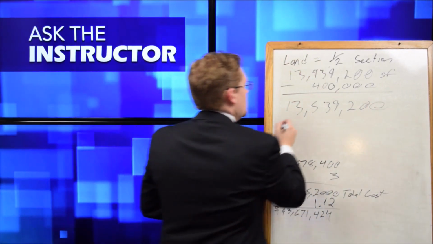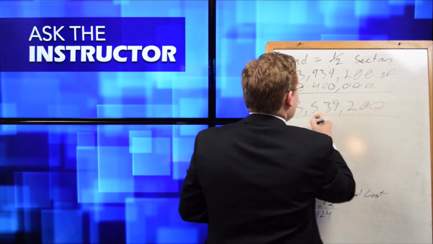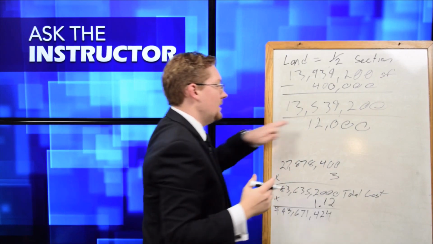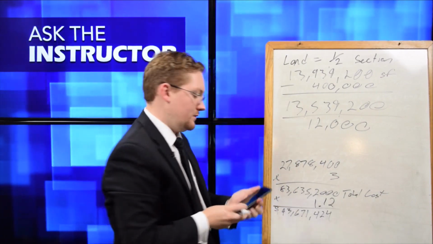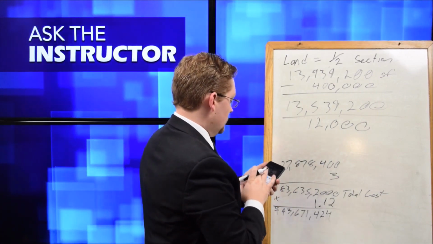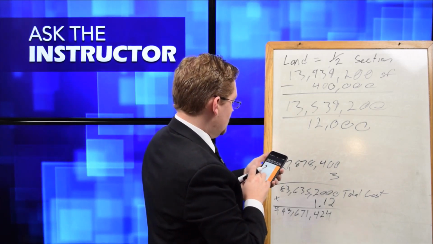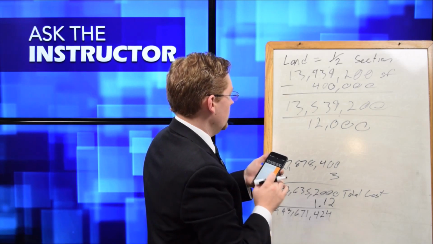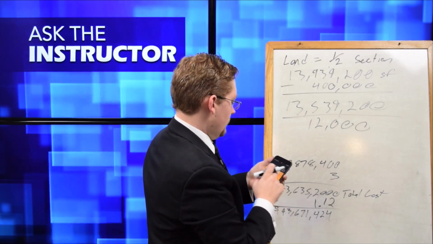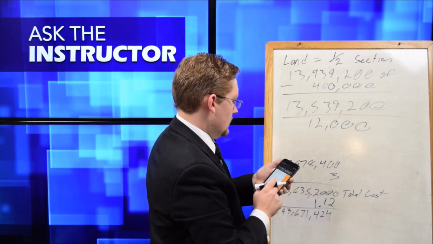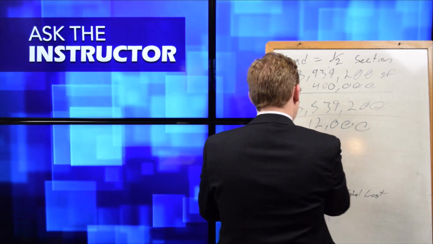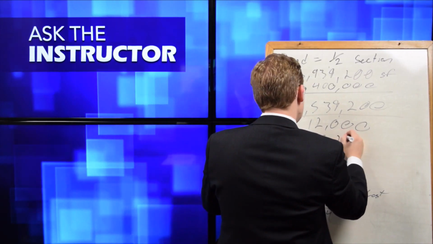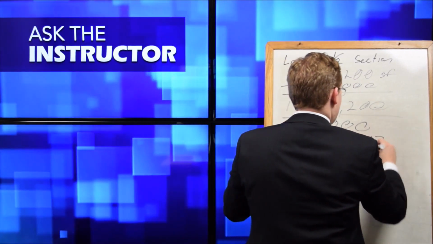Last thing we need to do here is just divide this by our 12,000 square feet. And what we're going to get is how many lots we could fit into the allowed space for lots. So we take our 13,539,200 square feet, divide that by 12,000, and we end up with 1,128.2666667 lots.